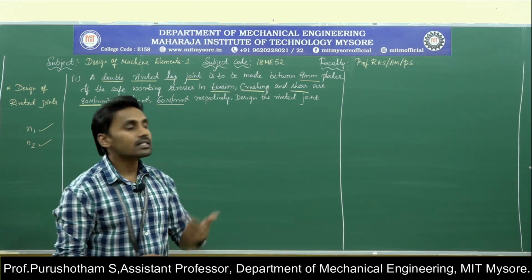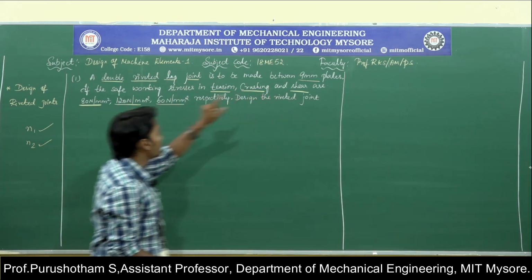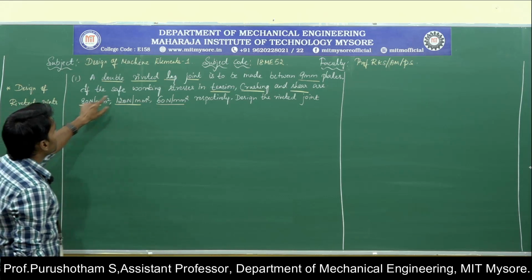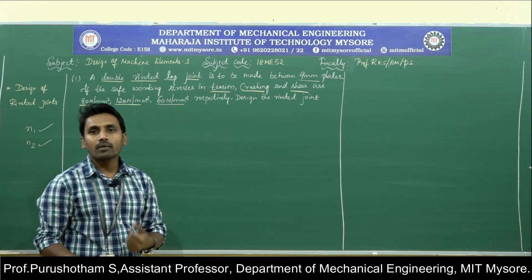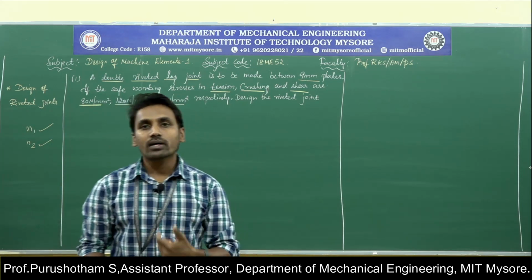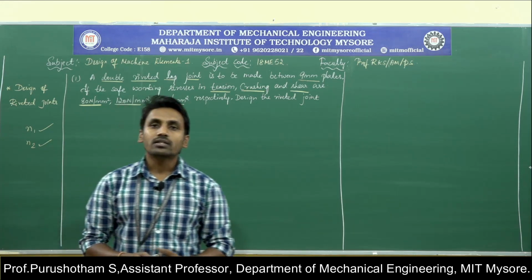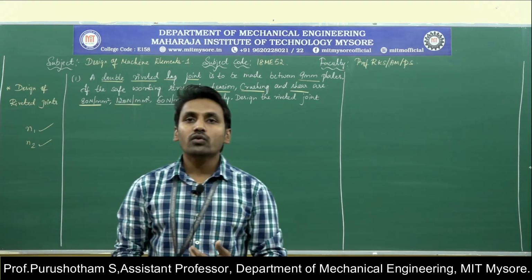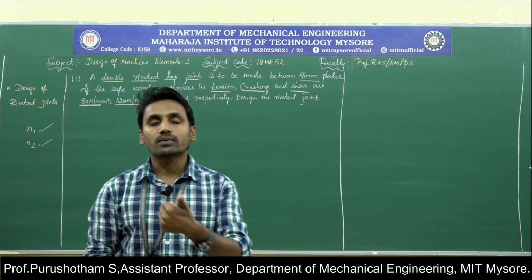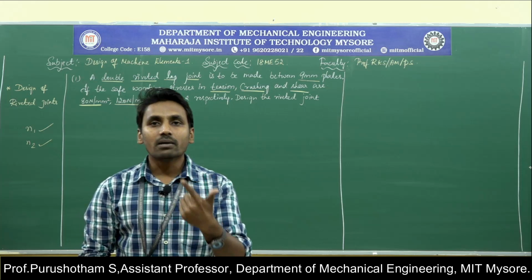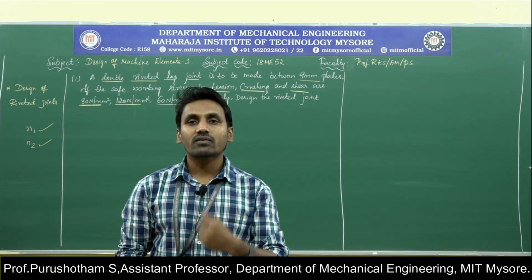Then they are given the safe working stresses in tension, crushing and shear, which are 80 Newton per millimeter square, 120 Newton per millimeter square and 60 Newton per millimeter square. For this loading condition, we need to design a riveted joint. That means we are going to calculate the diameter of the rivet hole as well as the diameter of the rivet, the margin, pitch, transverse pitch, as well as the efficiency of the joint.